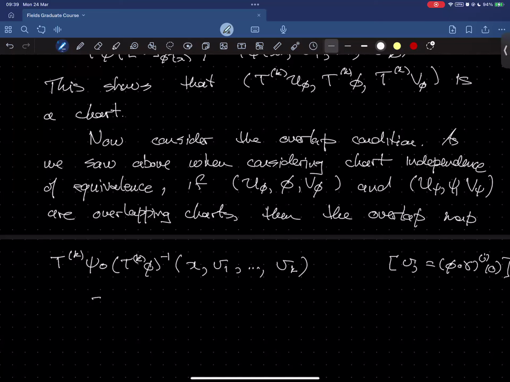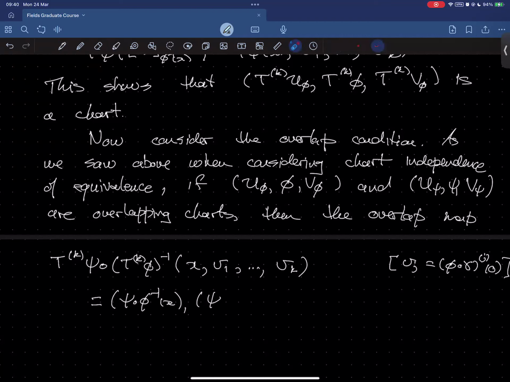Every v will necessarily look like this, as we've already seen when we showed that T^k phi was surjective. And so this thing is going to be psi composed with phi inverse of x, the overlap map for M in the first component, and then psi.